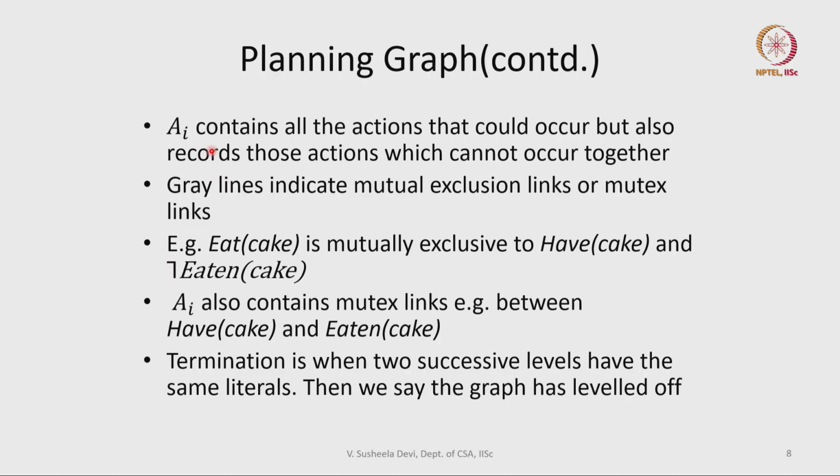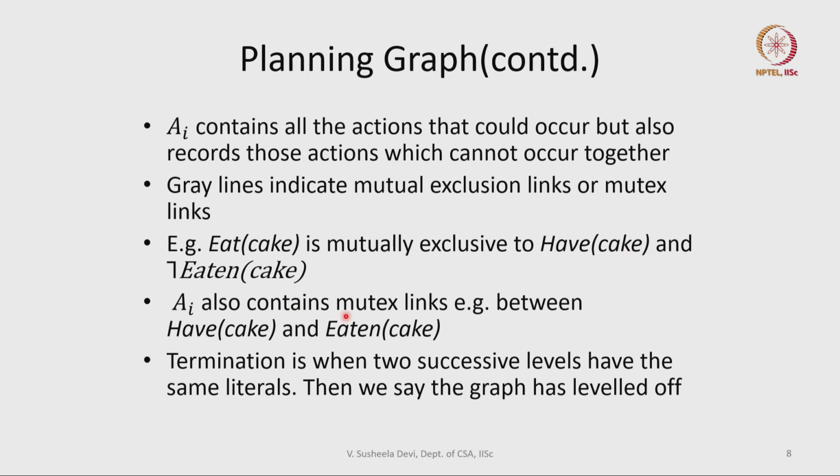Okay, so Ai contains all the actions that would occur, but also records those actions which cannot occur together, which is the mutex links. Okay, so two actions which cannot occur together, you put them as mutex with each other. So for example, eat cake is mutually exclusive to have cake and not eaten cake.